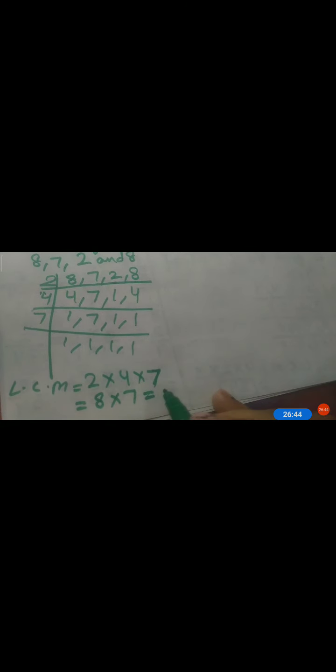Again 7 will come down. Now we will divide it by 7. So LCM is 2 into 4 into 7. 2 fours are 8. And 8 sevens are 56. So our LCM is 56.